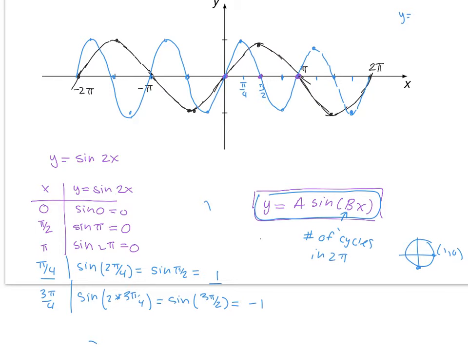Between 0 and 2 pi, how many cycles did my blue picture run through? It ran through 1 complete pattern, and then another. So this number with the x will tell you how many cycles you're going to run through in 2 pi. Like if it was 3 halves, you'd run through 1.5 cycles.